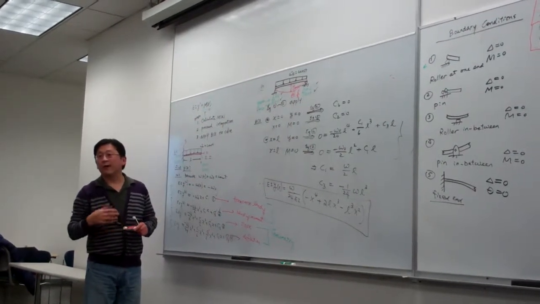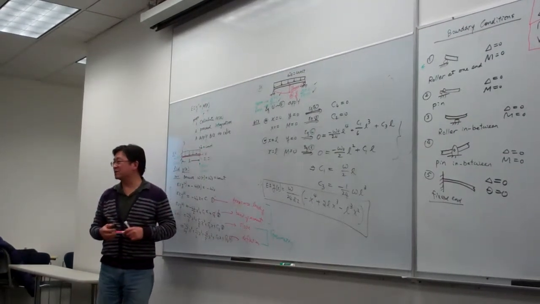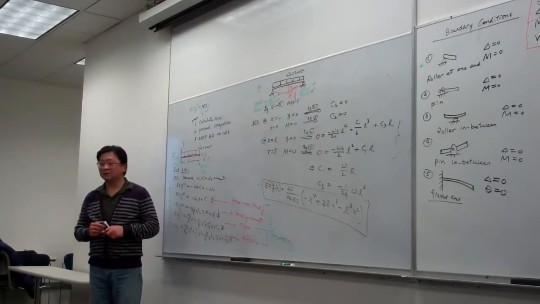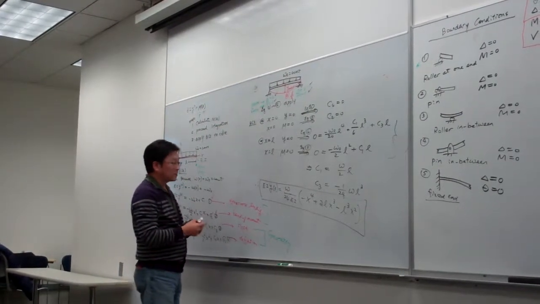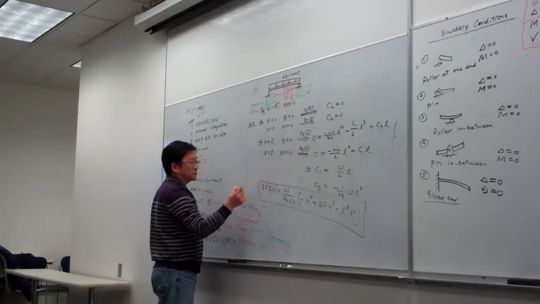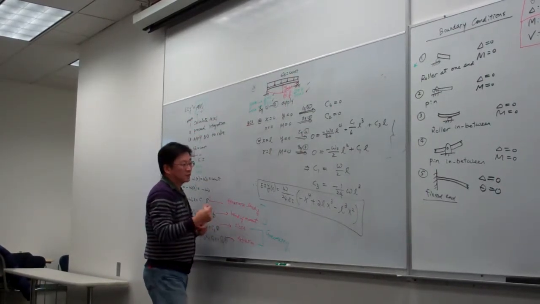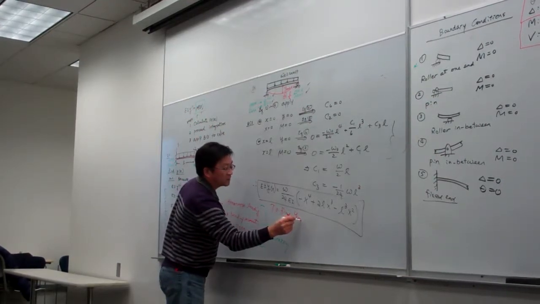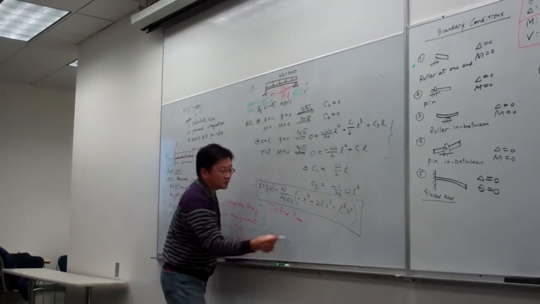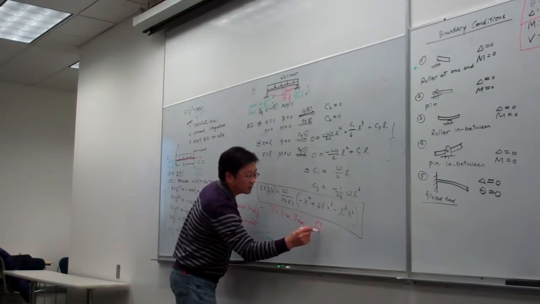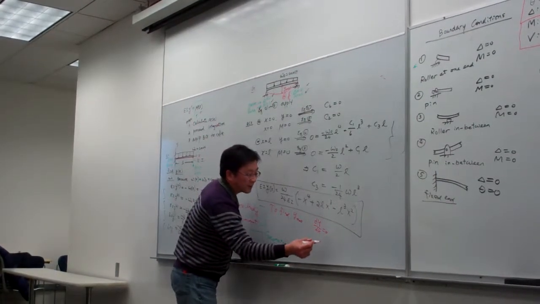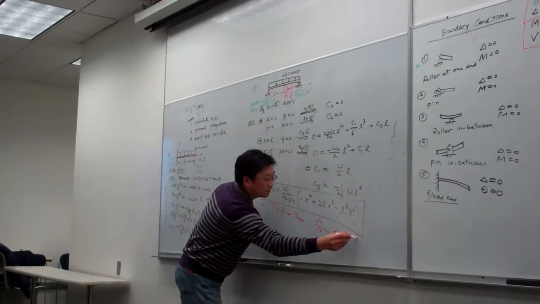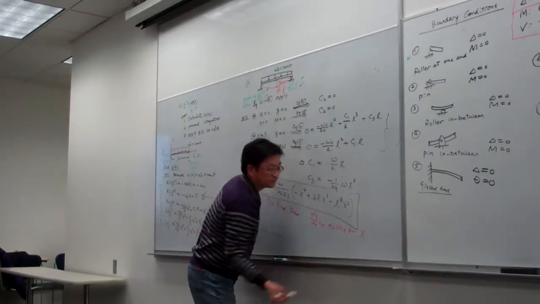Otherwise, if this wasn't symmetric, how would you calculate the maximum deflection? You simply take the derivative to find the y maximum: you take the derivative dy/dx equal to 0, and then solve for x.